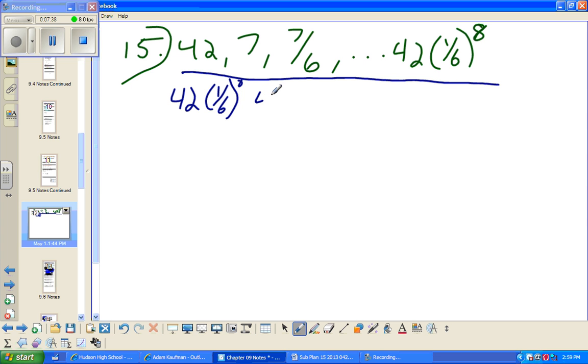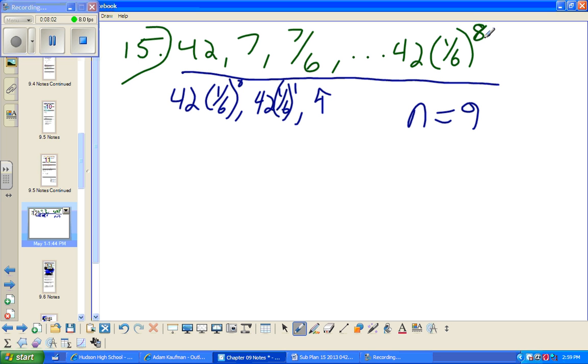This one would be 42 times (1/6) to the first, and then this one would be 42 times (1/6) to the second, and so on, all the way up to the 8th. So how many terms would there be? Well, there'd be 9. Since we started at 0 and went up to 8, that's 9 terms.